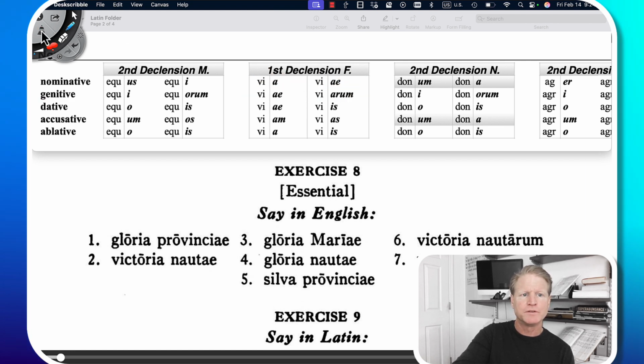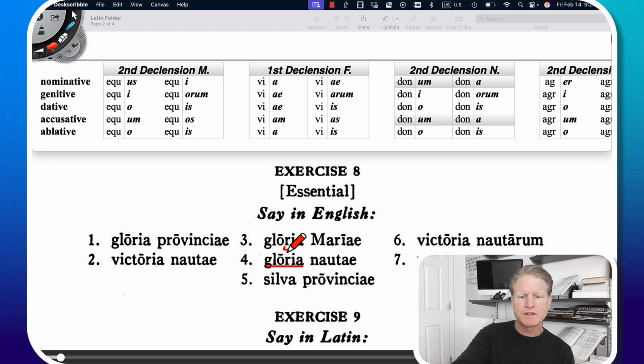Viae, viarum, those endings. Number 3, Gloria Mariae. Gloria, subject of the sentence, nominative case. What are we saying about the glory? It's the glory of Maria. And she's in the genitive case, Gloria Mariae, genitive case. Number 4, Gloria nautae.